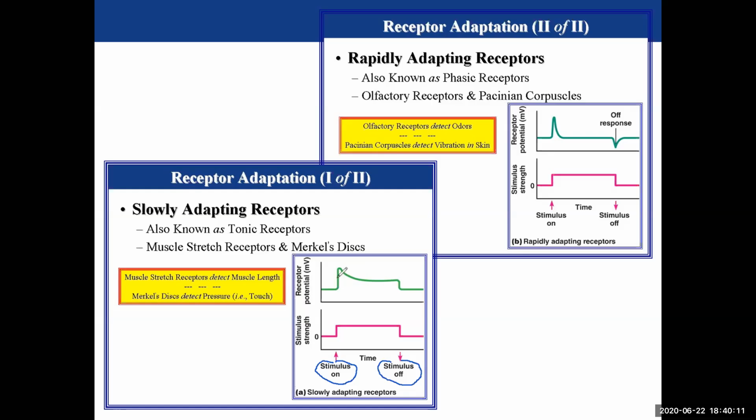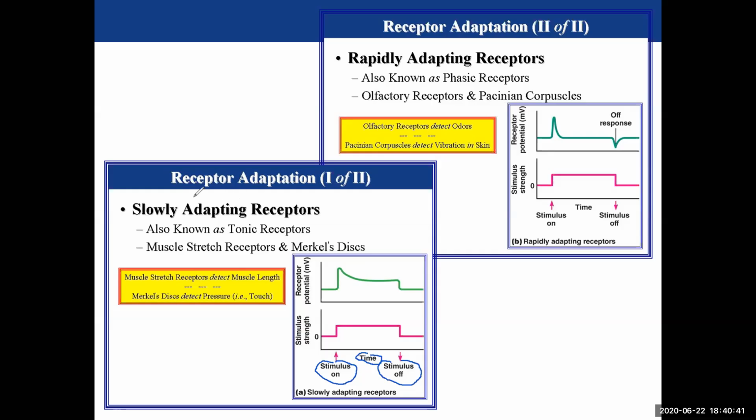And this is the receptor responding through a potential, right? So you see that potential above threshold. This is the baseline here. That's the threshold. So the potential is above threshold throughout the same duration as the presence of the stimulus. We call those receptors slowly adapting receptors.